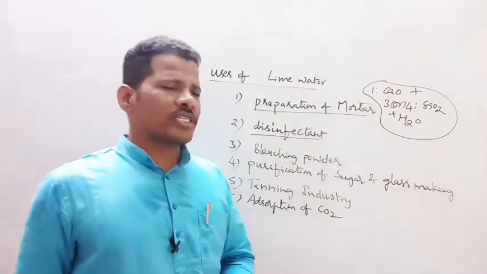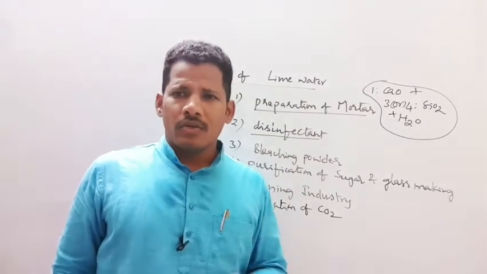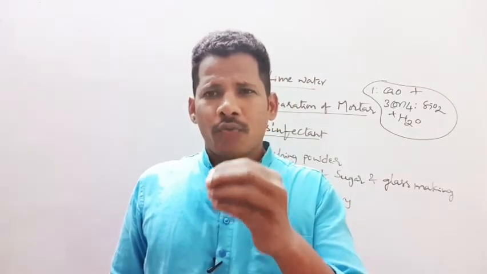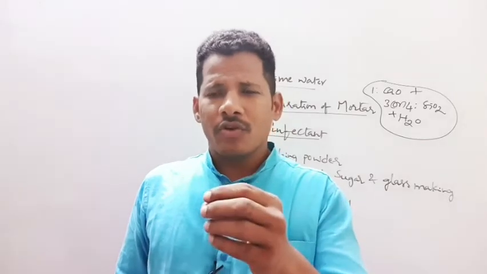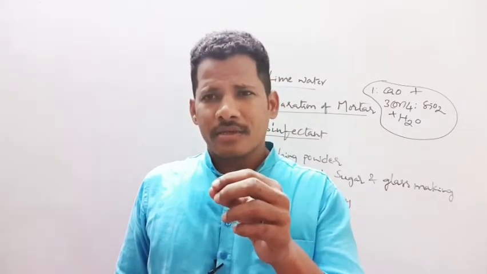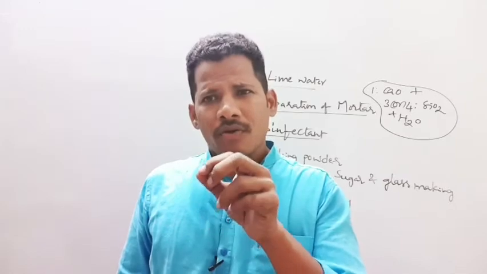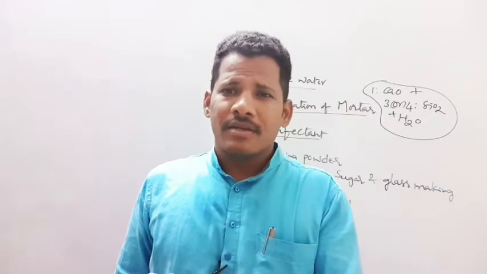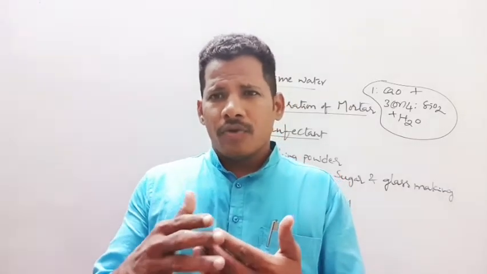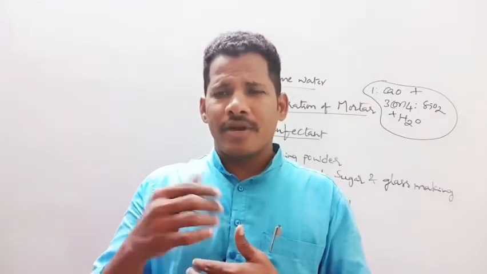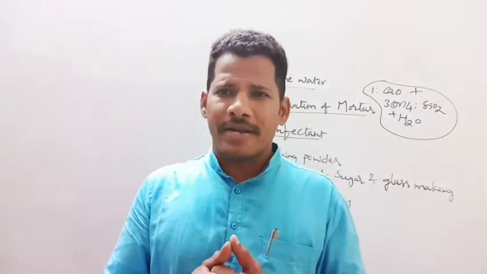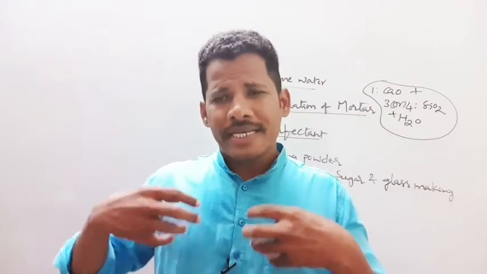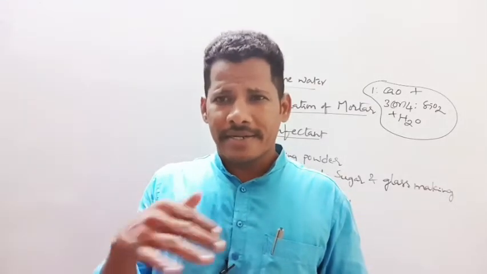And next one, purification of sugar. Generally sugar sometimes forms pure white crystals because lime is used to absorb carbon dioxide. We know that we inhale oxygen and exhale carbon dioxide, because inside our body carbohydrates on combustion release carbon dioxide.